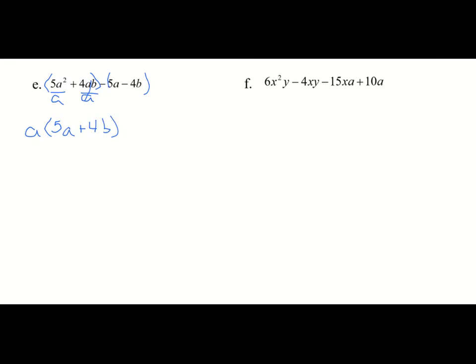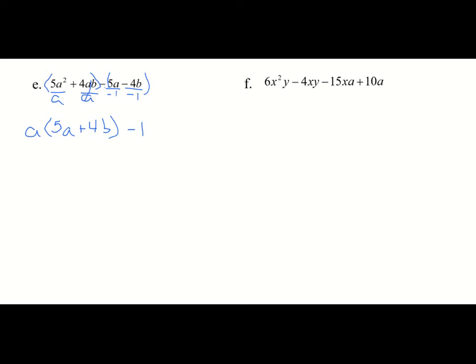Now, with the second pair, negative 5a and negative 4b, the only greatest common factor I have is a 1. But I have to factor out that negative 1. So I'm going to put my negative 1 here. If your GCF is 1, you can factor it out, which really just means putting a 1 on the outside of the parentheses.